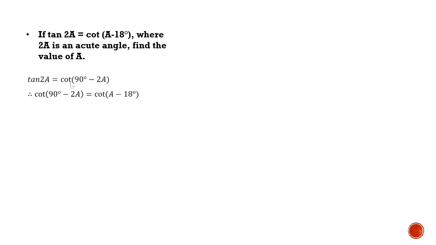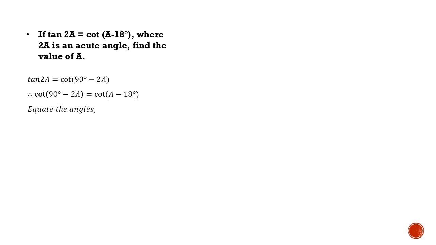So once both identities are the same, we can simply equate the angles. Remember, earlier we could not do the same thing. Why? Because the identities were different. It was tan here and cot here, so we cannot simply equate the angles.